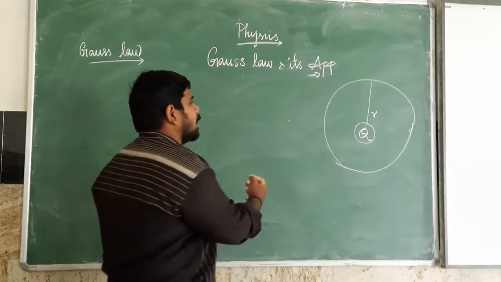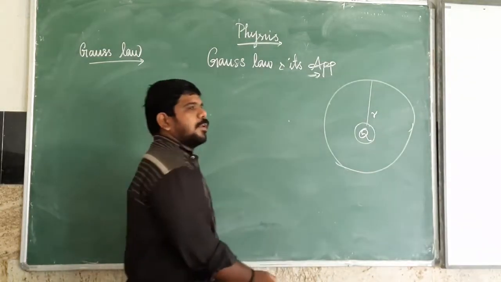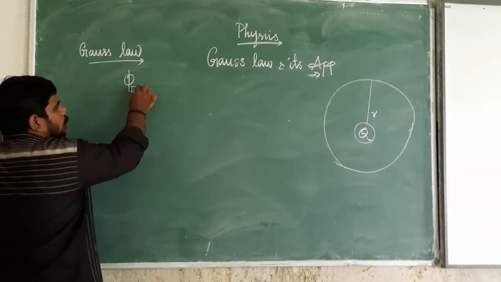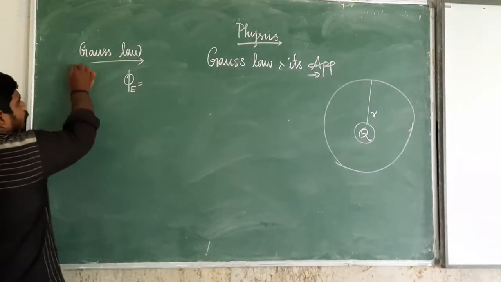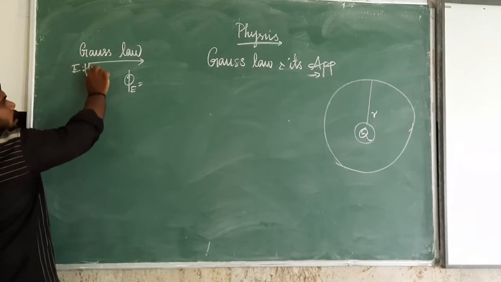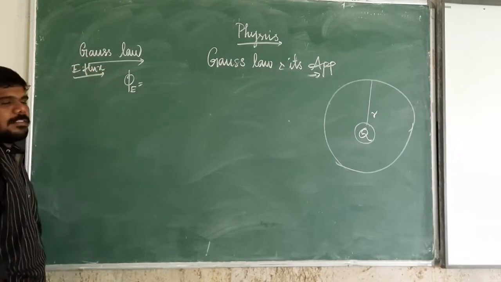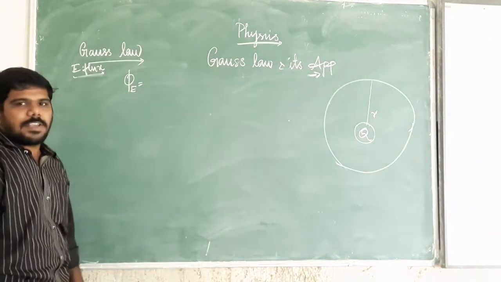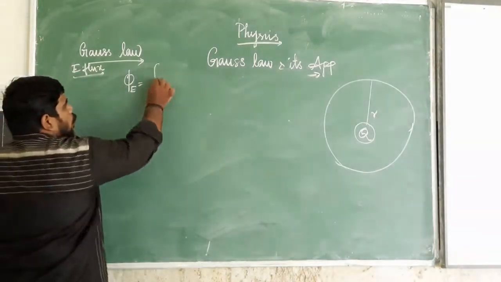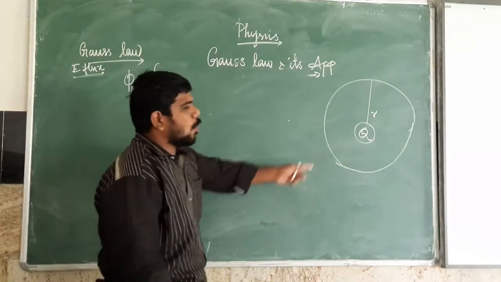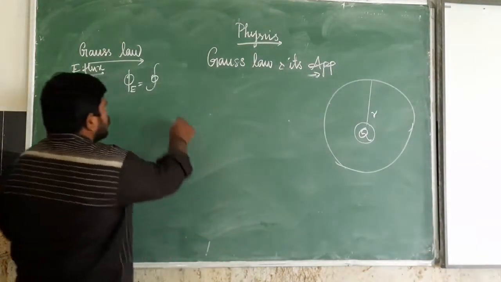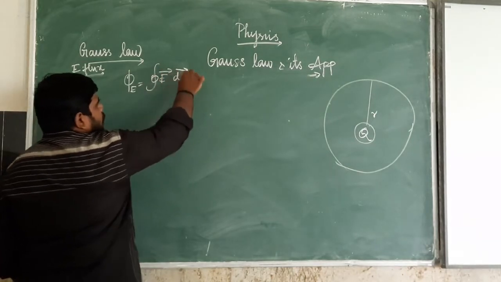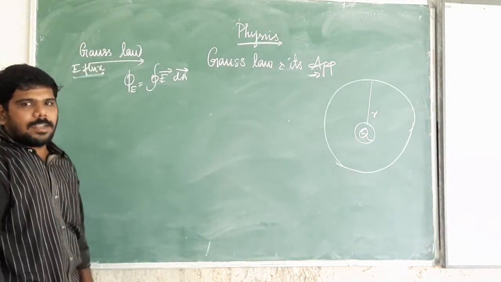The total electric flux passing through the surface, phi of E, is equal to the closed integral, because it's a closed surface, of E vector dot dA vector.